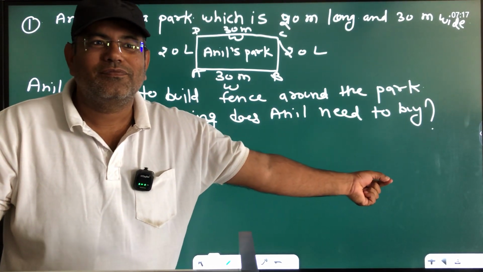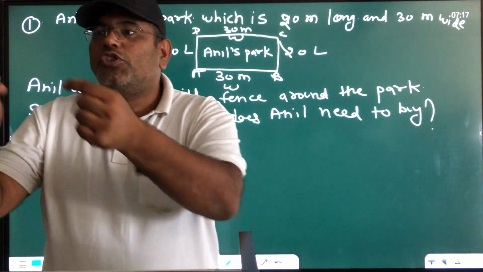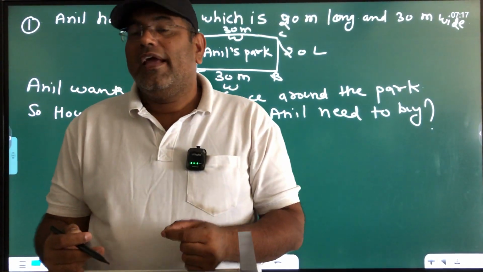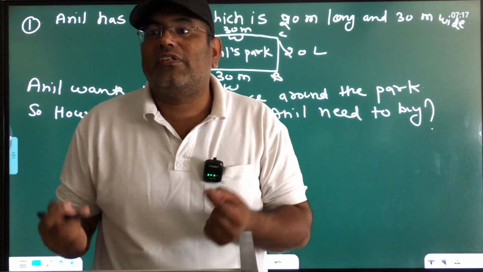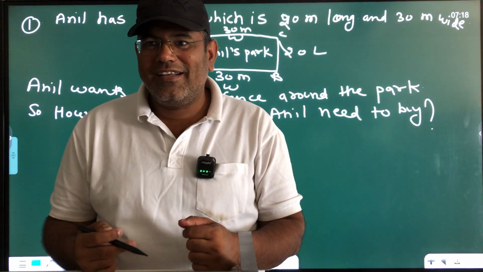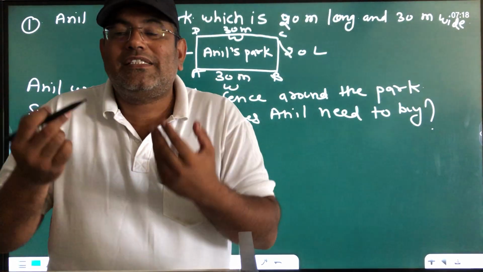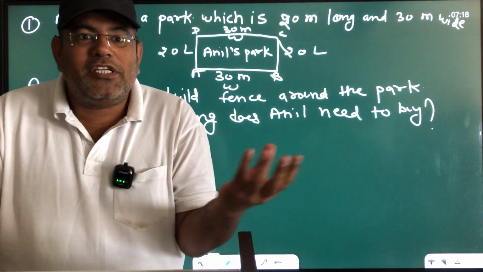Is that clear? And Anil went to the market and said to the shopkeeper, please give me raw materials for the fence. For the fence. Is that clear? But the shopkeeper will reply, hey guys, now please tell me, what is the perimeter of your park?